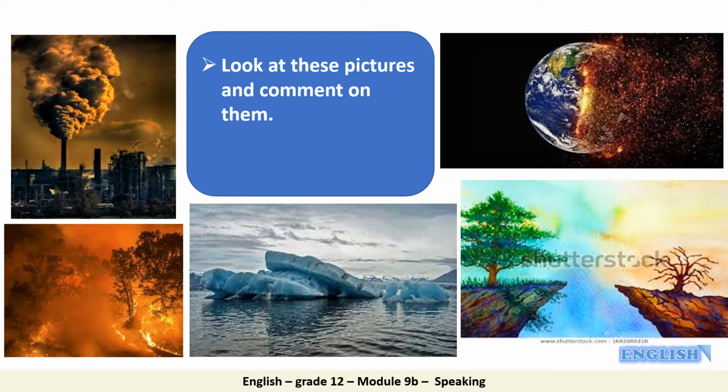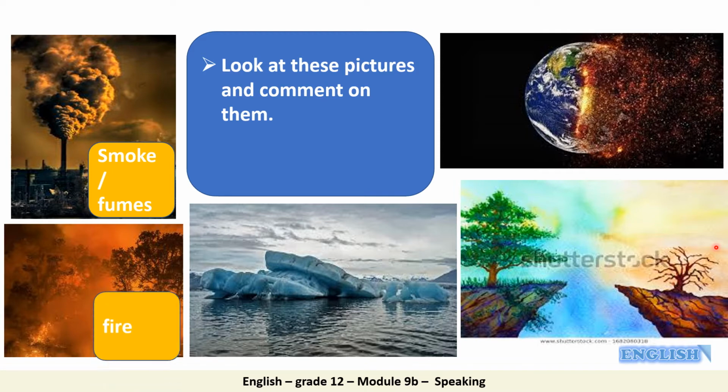Okay, let's have a look at these pictures and comment on them. Yes, picture number 1, for example. Here we have fumes or smoke from factories. We have fire in picture number 2.